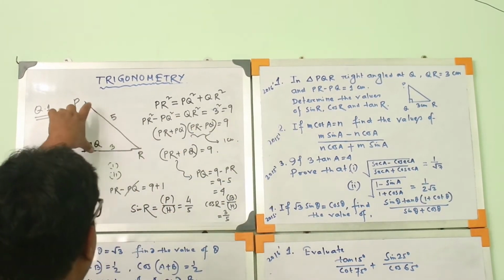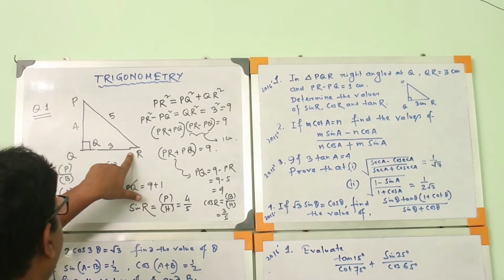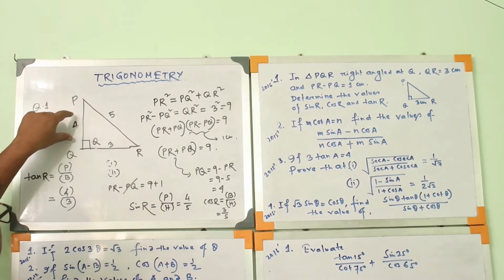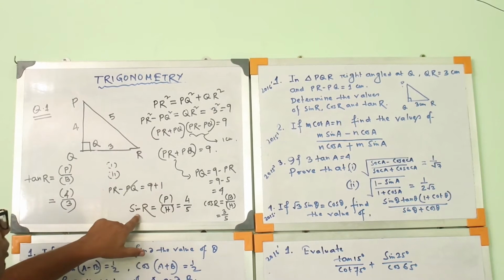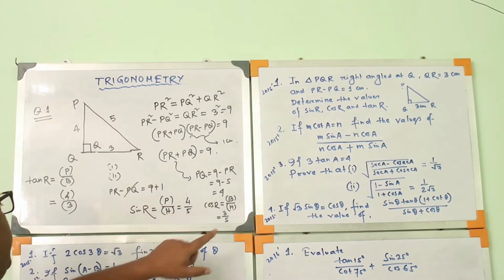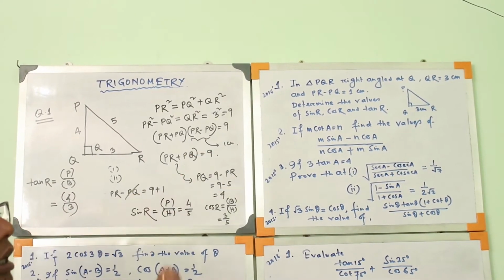So PQ is the right angle triangle where R is the angle of reference. From these two equations, at first you have to find out the perpendicular, height and hypotenuse, and after that by formula sin R is equal to P by H, cos R is equal to B by H, and tan R is equal to P by B. By putting these values we can easily get the result.